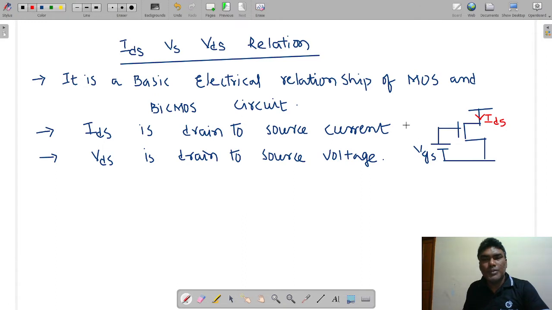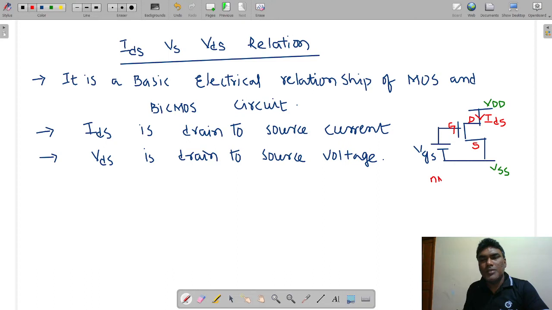This is VDD, the drain terminal, and this is the ground terminal, VSS. This is the gate terminal, drain terminal, and source terminal. These are the three terminals of the NMOS transistor.